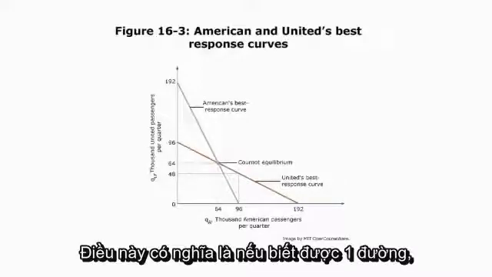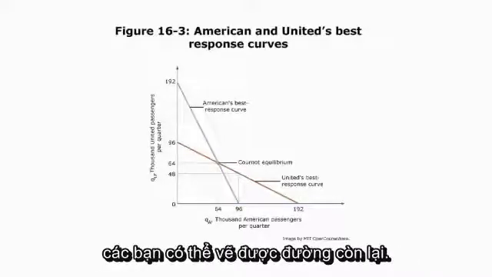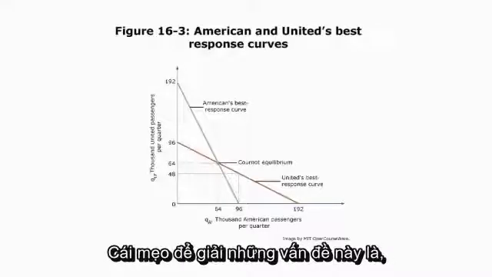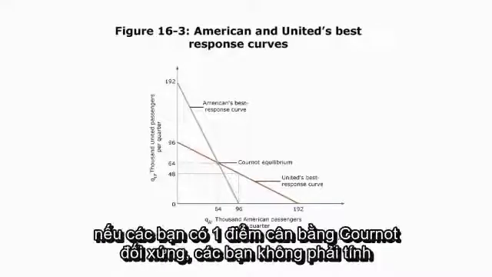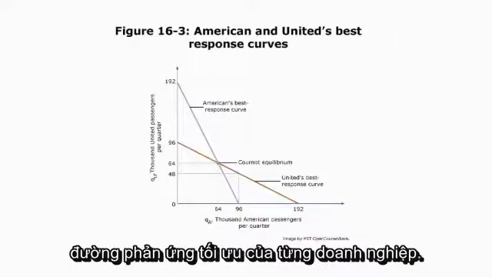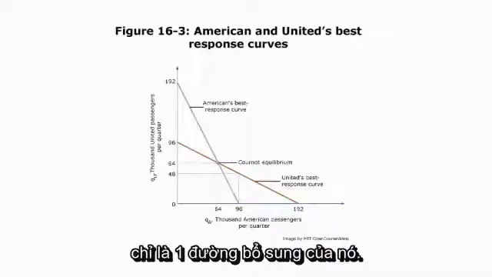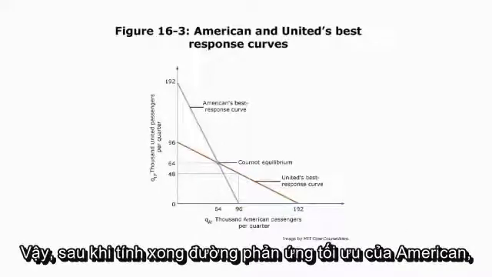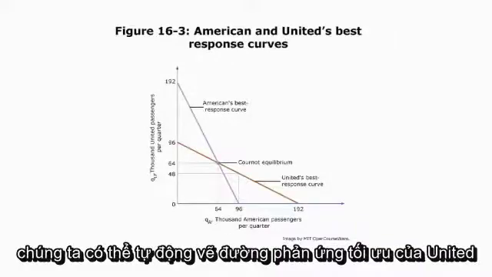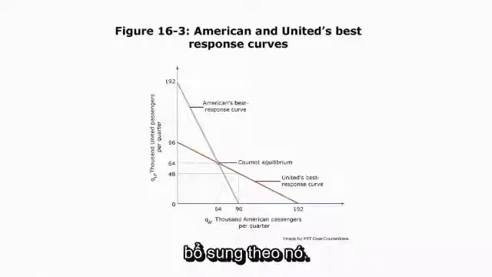What that means is that, having figured out one, you can automatically draw the other. A trick for solving these problems is that if you have a symmetric Cournot equilibrium, you don't need to calculate the math for each firm's best response curve. Once you calculate one, the other firm's is just the complement of it. So having calculated American's best response curve, we could have automatically drawn the United best response curve as the complement of that.